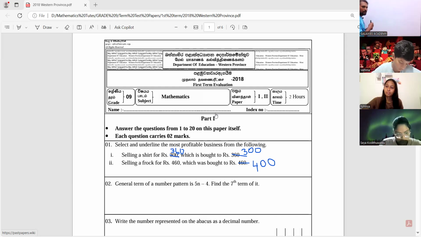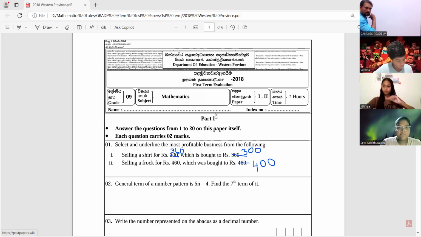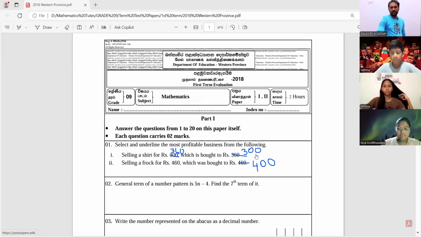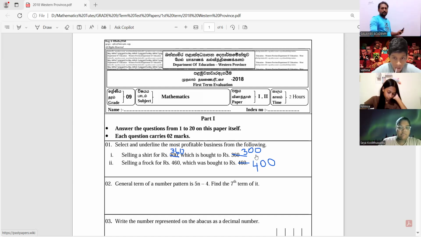First, I am going to find the selling shirts business. The buying price is 300, the selling price is 360. Then you can understand what the profit is, no? What's the profit of it? 60 rupees. The buying price is 300.